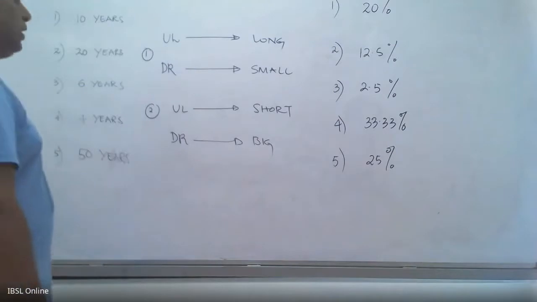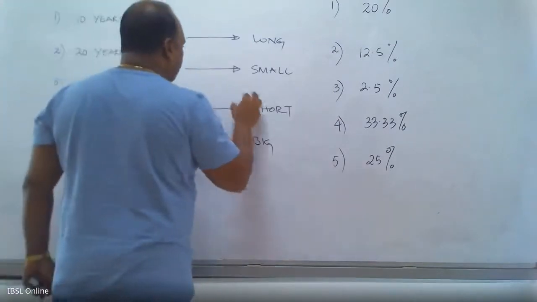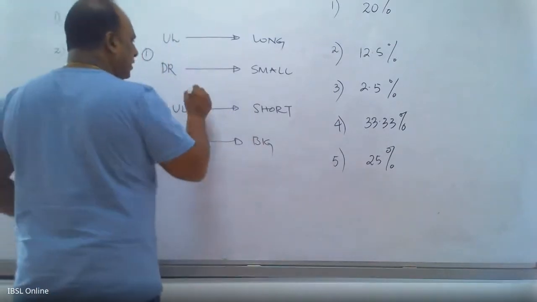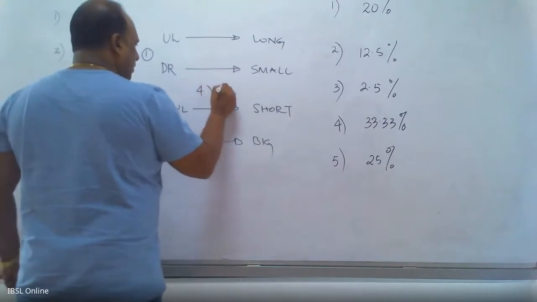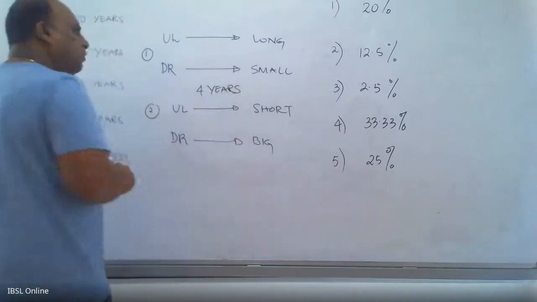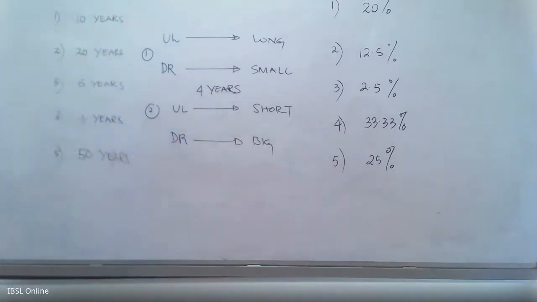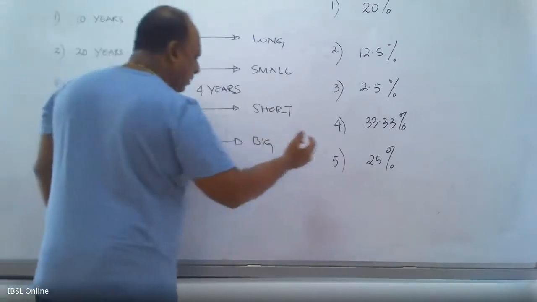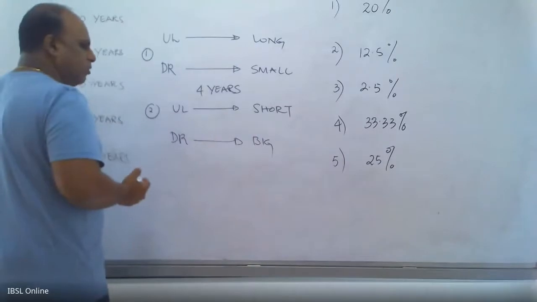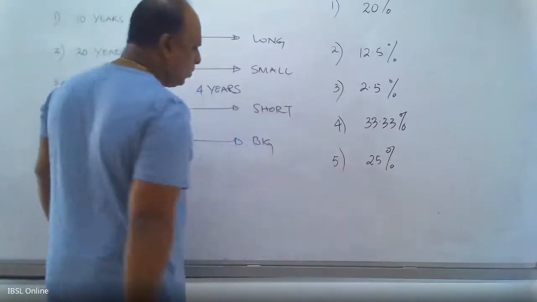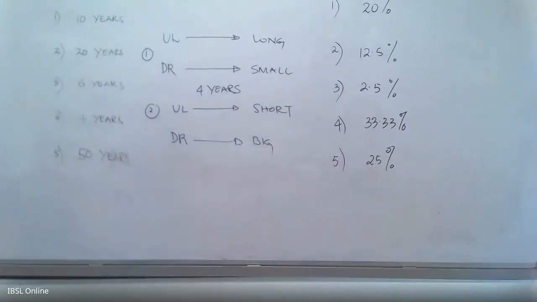If one year you think the computers can be depreciated for 4 years, and later you decide 4 years is too long, you have to bring it down. When the useful life comes down, the depreciation rate has to go up. So can we make a note there?